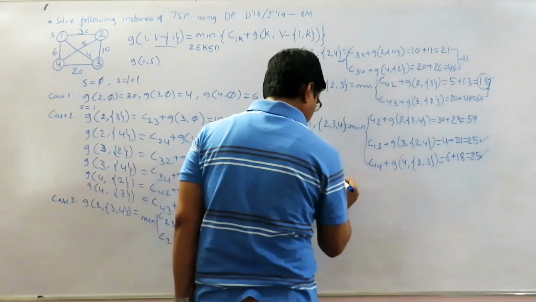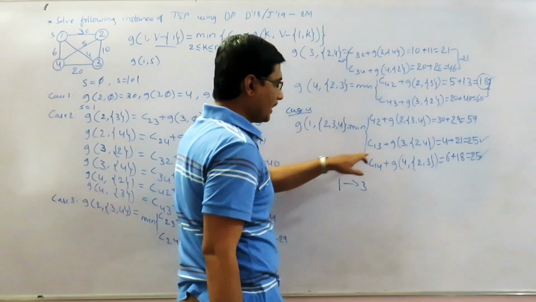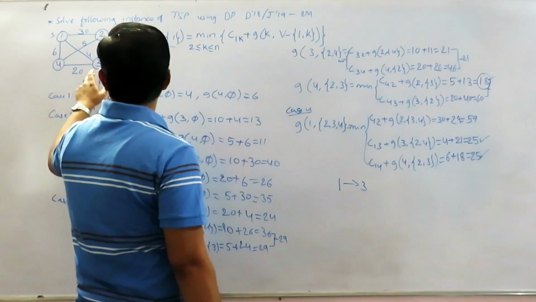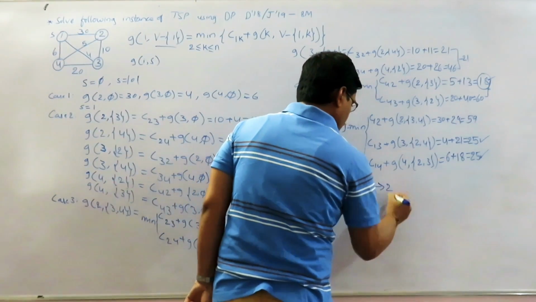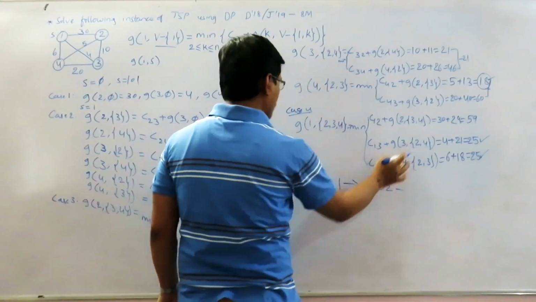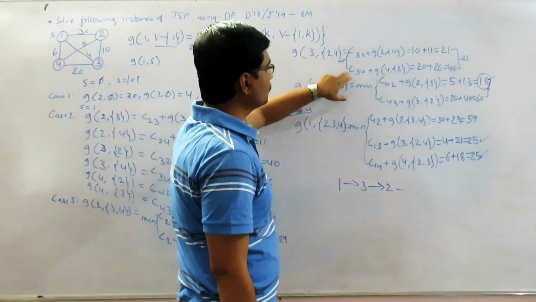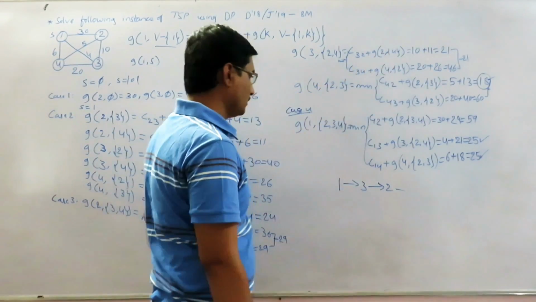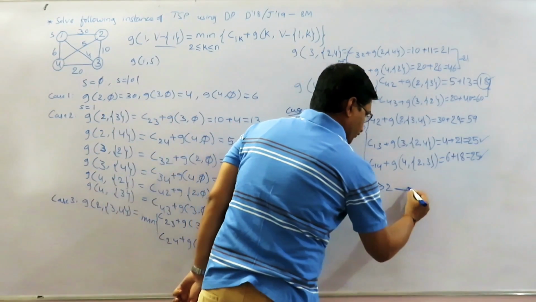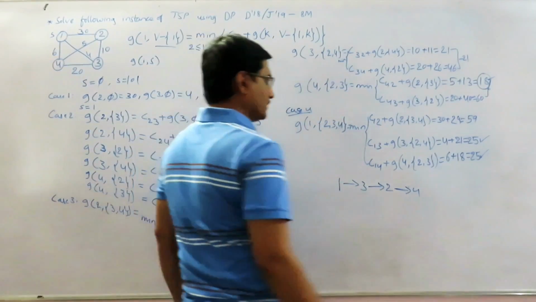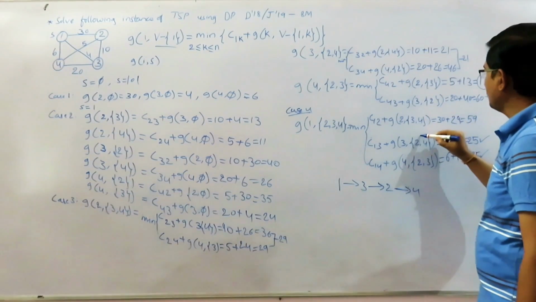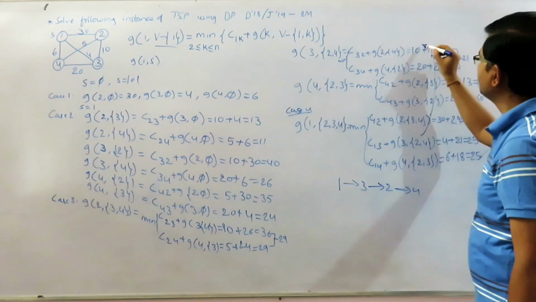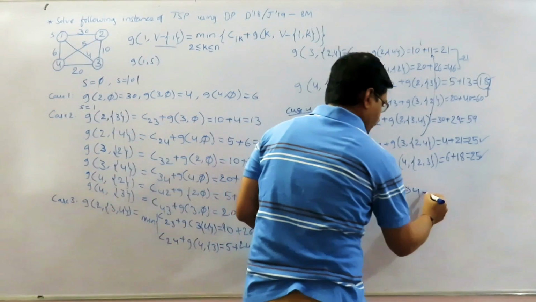Let us consider 1 to 3. We have got this result from 3 to 2, and this result we have got minimum by going from 2 to 4. See how we have got this result: from this one, and this one we have got from this, and 4 to 1.